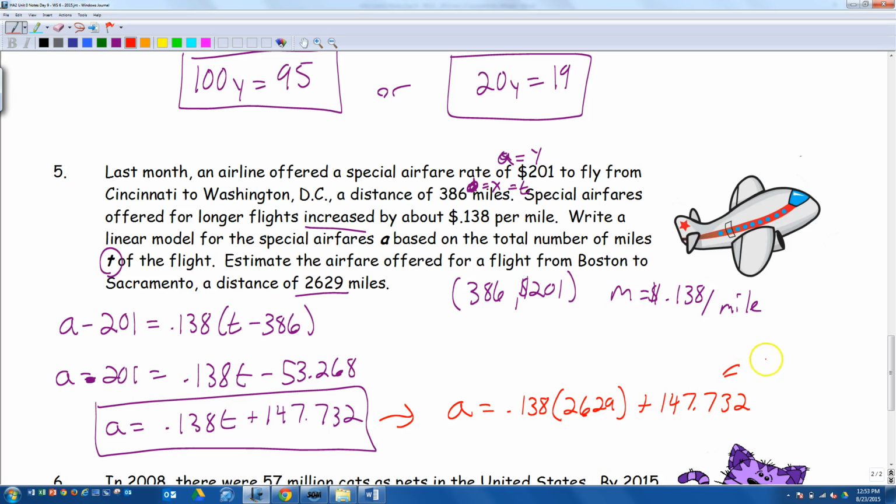And you estimate that the cost of that ticket would be about $510.53. And that's how you do a linear problem with words. Again, identify y and x and your units.